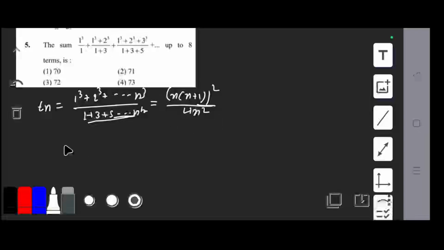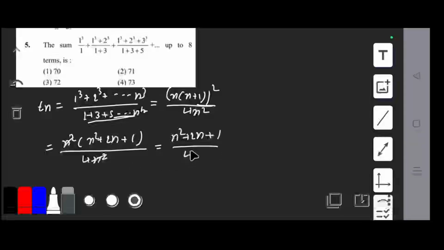Now Tn is equal to n square into n plus 1 whole square, that is n square plus 2n plus 1, by 4n square. N square will be cancelled. Tn is equal to n square plus 2n plus 1 by 4.